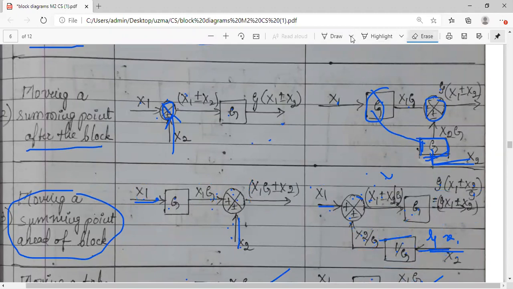That is, if in the original figure of the block diagram the summing point is after the block, and I want to shift it before the block, I cannot pass this signal directly to the summing point.